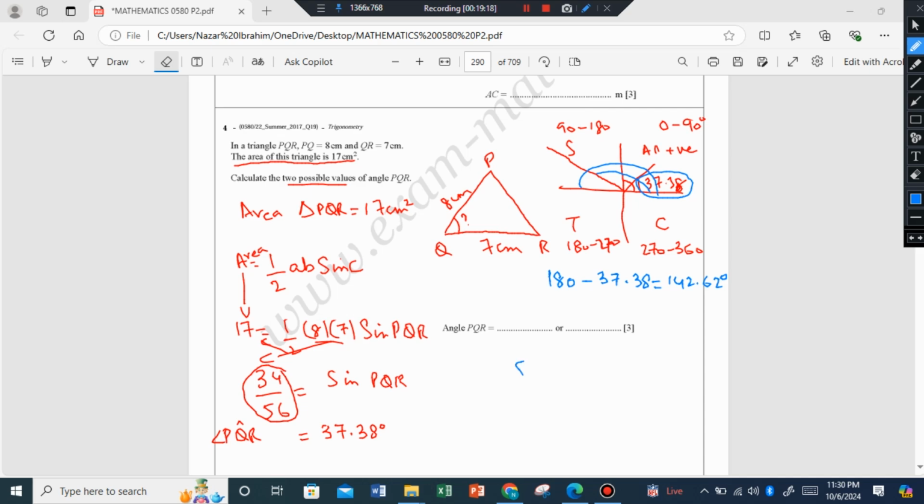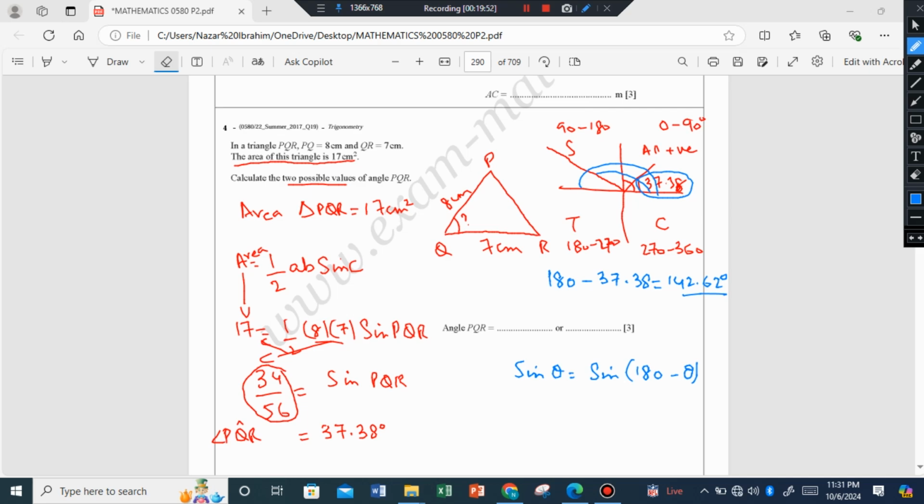Now to check it, I have two things. One is this formula which you can use as well: sine theta is equal to sine of 180 minus theta. What I did was subtract my base angle from 180 to get this value, 142.62. Now I can counter check by putting sine 142.62 in the calculator.